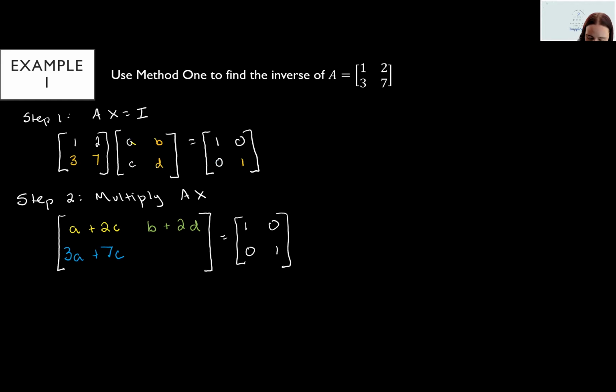So it's going to be 3 times B, and then 7 times D. And then we have now multiplied that first matrix, A times X. And it looks kind of messy because we've got these variables inside this matrix, because we can't actually add them.